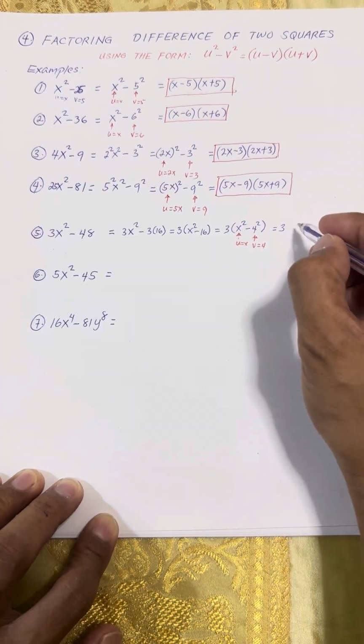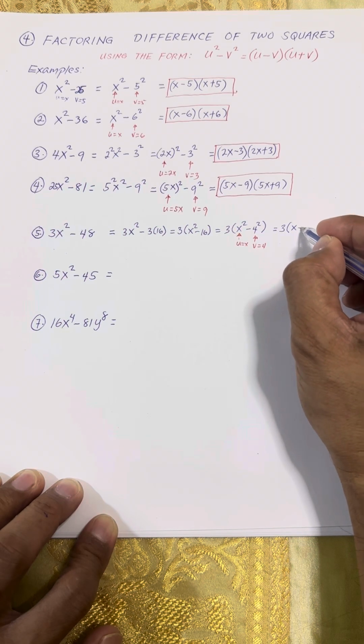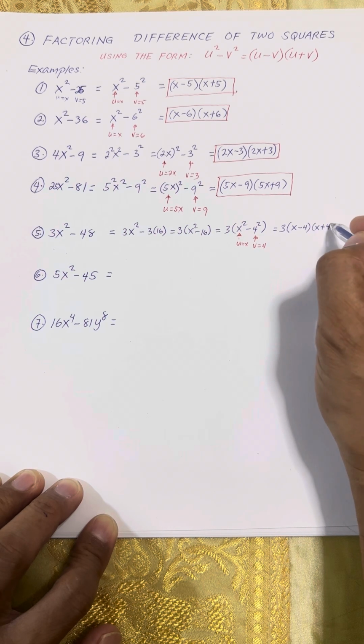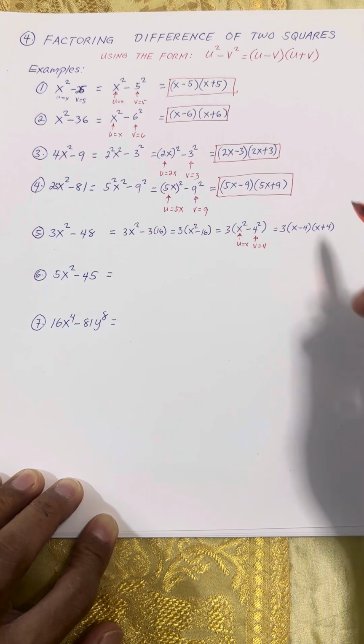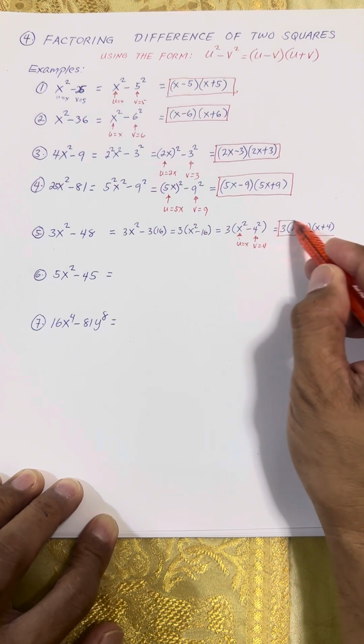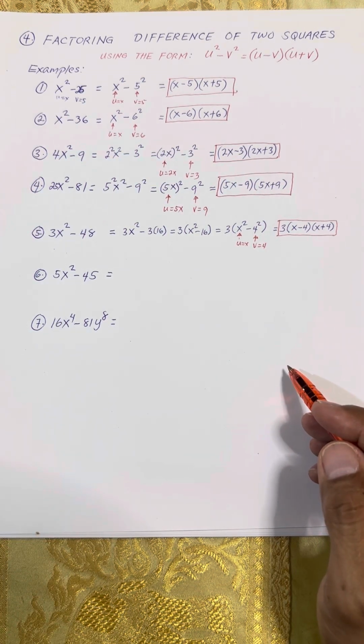So that's another factor. So 3 times x minus 4 times x plus 4. So these are the factors. So 3 is one of the factors. Okay, so that's our problem number 5.